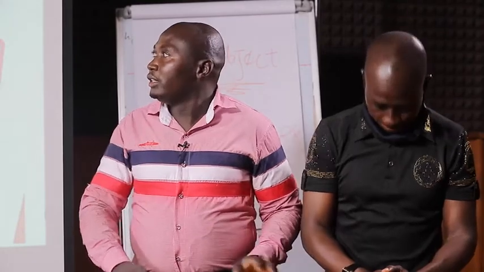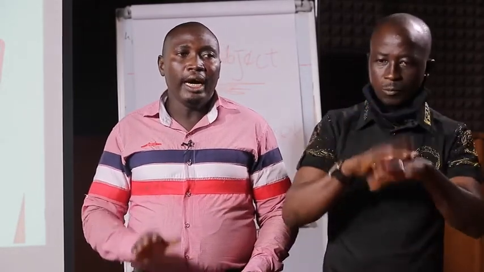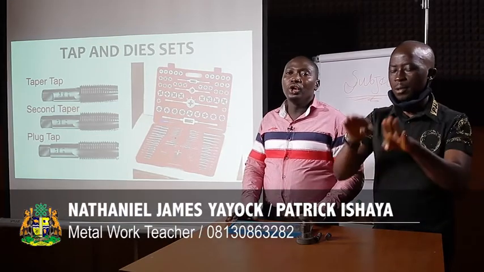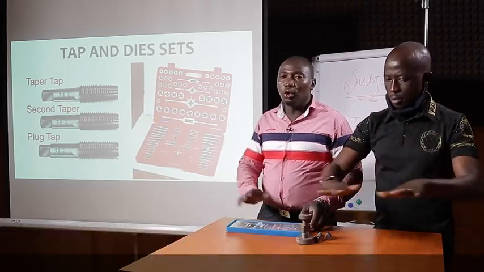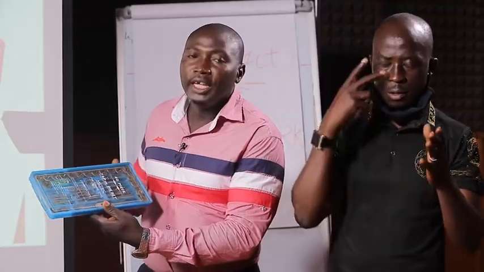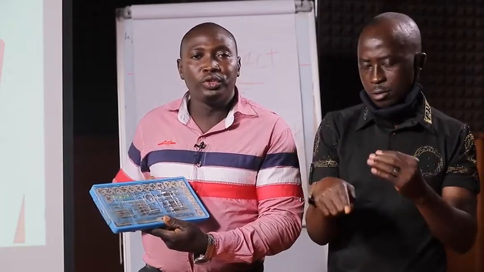Now on the bench, I said we have what we call the taps and dies, and they are used on the bench to produce or to cut the screw thread. Now, this set is the complete set that is used to produce internal female thread and external male thread.